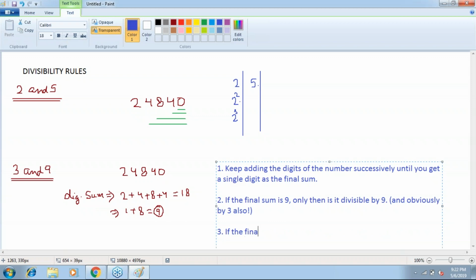Third, if the final sum is not 9 but 3 or 6, then the number is not divisible by 9 but is divisible by 3.